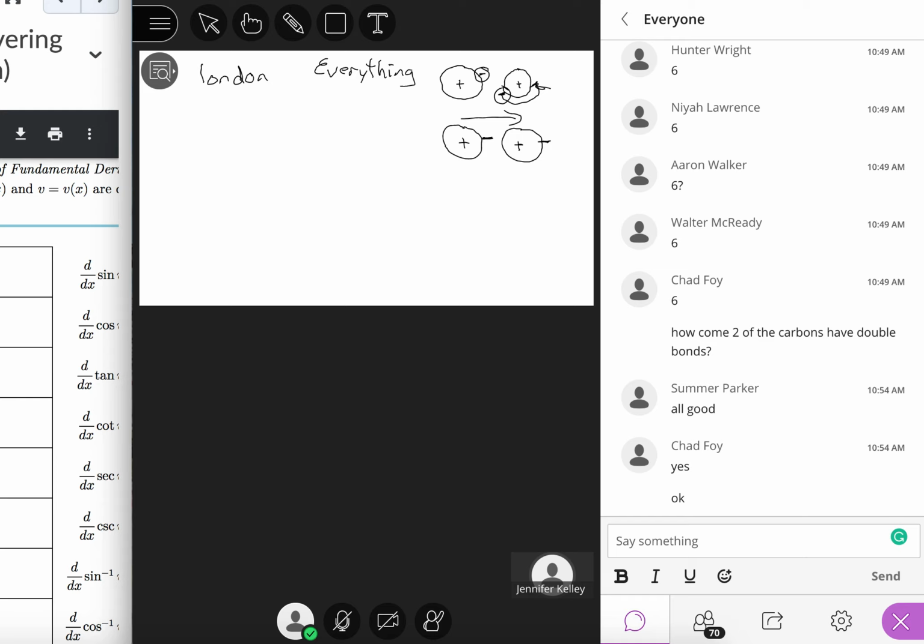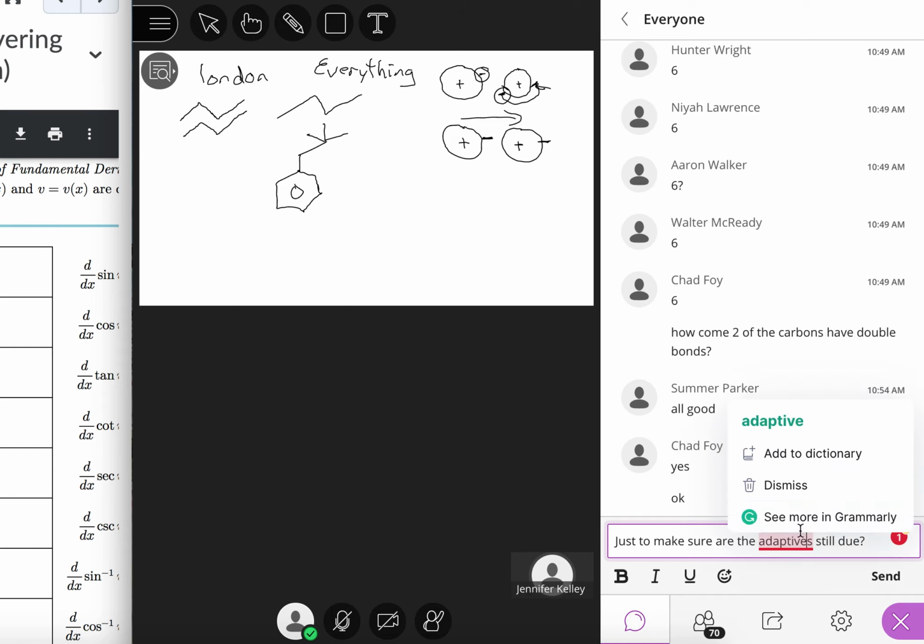For example, if you have something like this, that's very stackable. It's going to have good London forces. If you have something like this, that's not very stackable, right, between those two molecules.